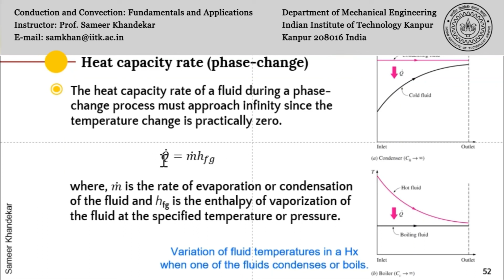Whatever heat you supply from the hot fluid to the boiling fluid directly leads to a phase change process, and therefore Q dot equals m dot h_fg will be the guiding equation for those heat exchangers where phase change is happening.